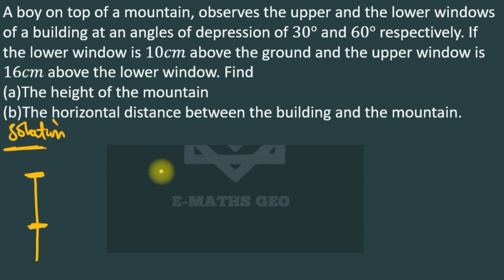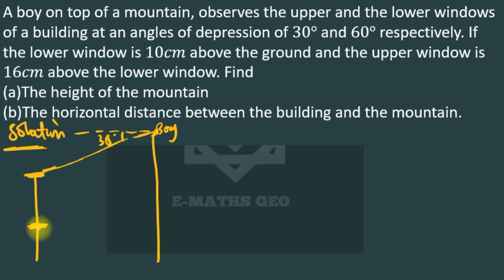So a boy on top of a mountain, let's see the mountain to be this. The boy observes that, that's the line of sight of the boy. This is the boy, at an angle of depression of 30 and 60. So this is 30 degrees.